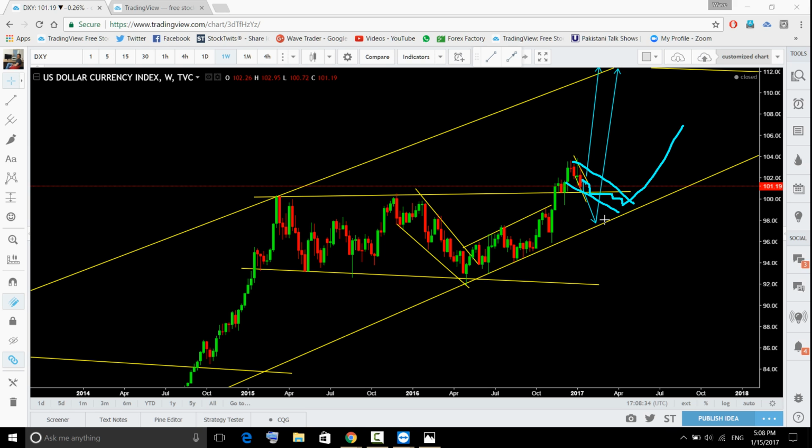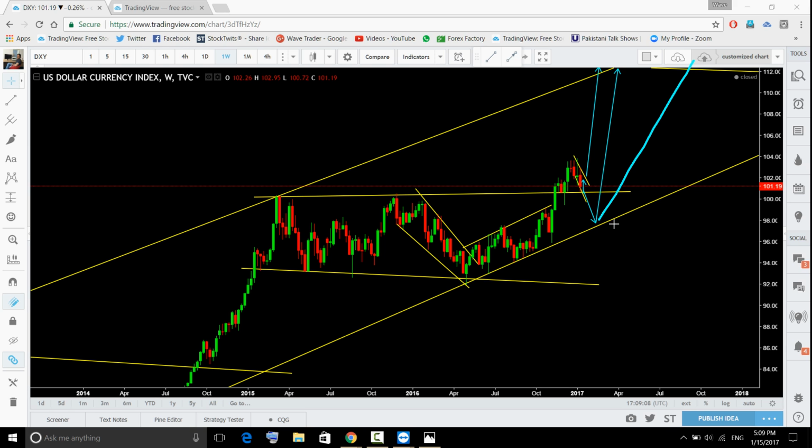a correction back. Okay, and that correction can come within this trend continuation pattern, or it can even test this trend line. And if that trend continuation formation, or correction back to the trend line, forms correctively, or forms a corrective wave, then definitely your uptrend, your next wave, is going to be there.